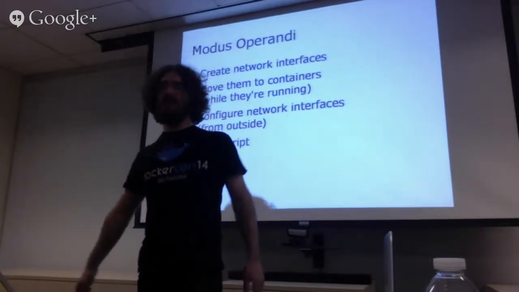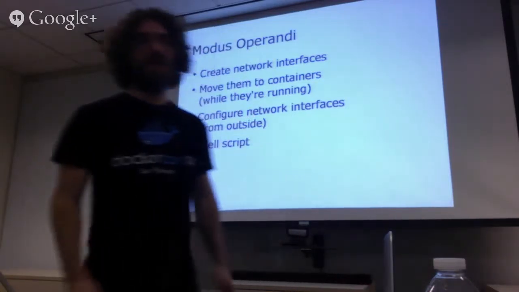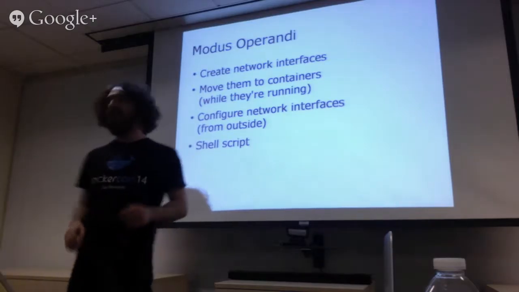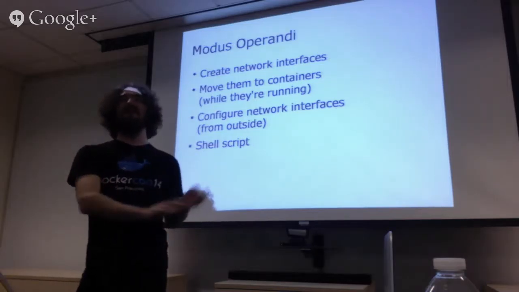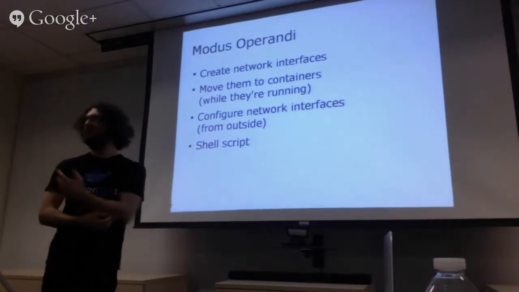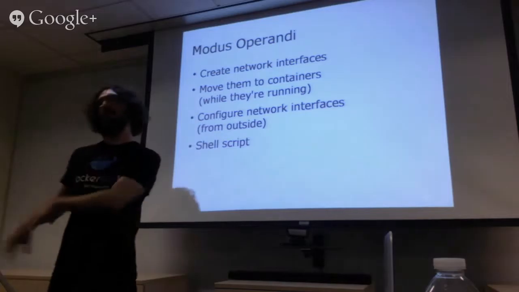So how does pipework work? It creates a network interface on the host, and then it moves that network interface inside the container. And it can do that in many different ways. It can take a physical interface and put that in the container.